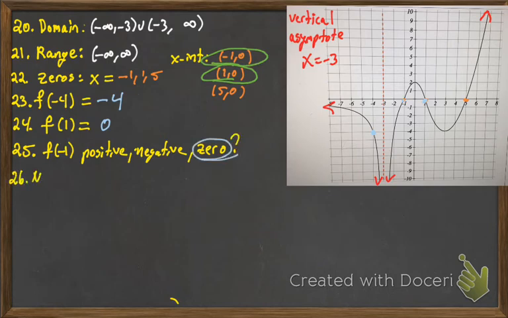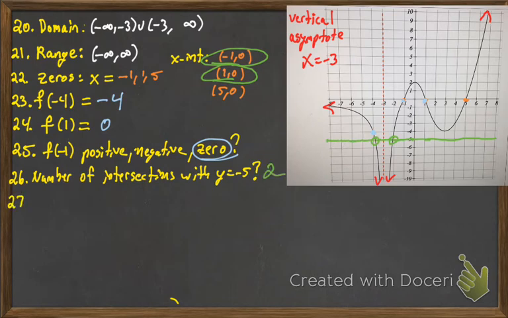Okay. 26 is asking us how many times do we cross or intersect y equals -5. So number of intersections with y equals -5. So go ahead and sketch in y equals -5, and it looks like it crosses twice. Okay.